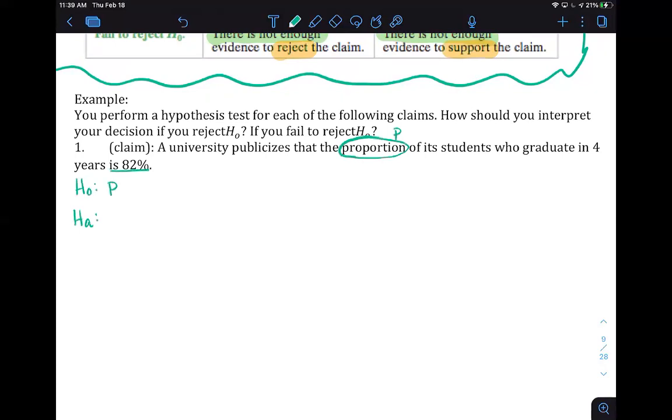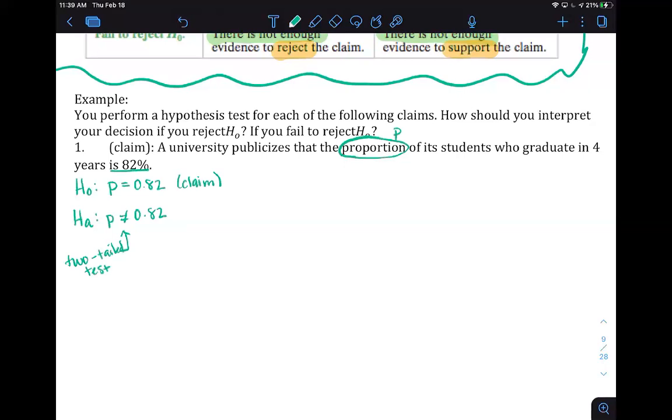So our null hypothesis, p equals 0.82, which is our claim. And our alternative hypothesis is the complement, so not equal to 0.82. Because it's not equal, we know that we're going to have a two-tailed test.